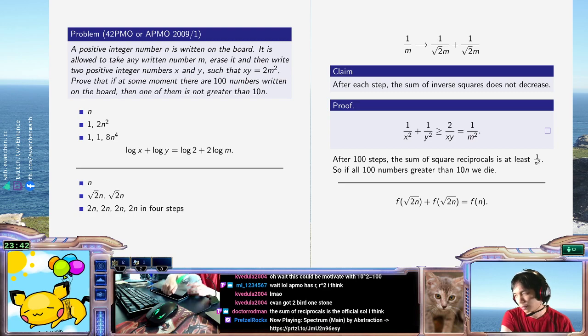That's what this sort of says. Or sums of... yeah, I don't know. Sorry, the n is outside the square root.